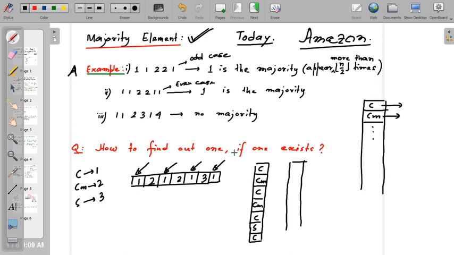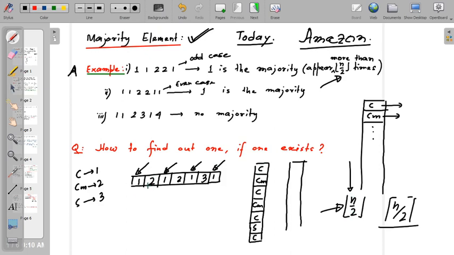So if it is appearing more than n by 2 floor, more than n by 2 floor number of times in the array, we will be calling that this one is majority.